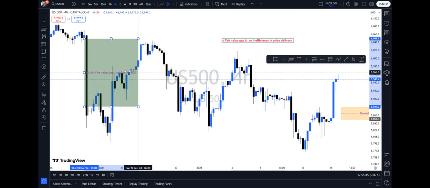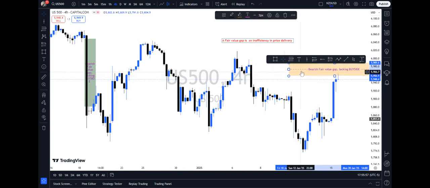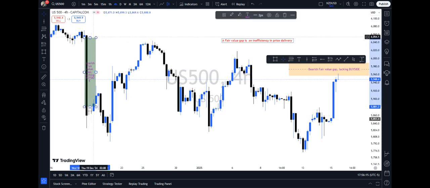Let's check for other fair value gaps in price action. I want to give us another example of a fair value gap. This is a sell. This candle here is the sell side imbalance, buy side inefficiency, also known as a fair value gap. That is, price is lacking buy side.